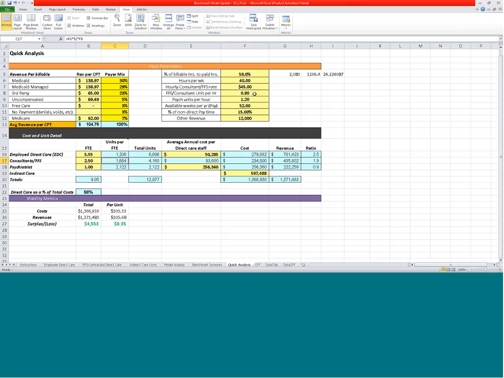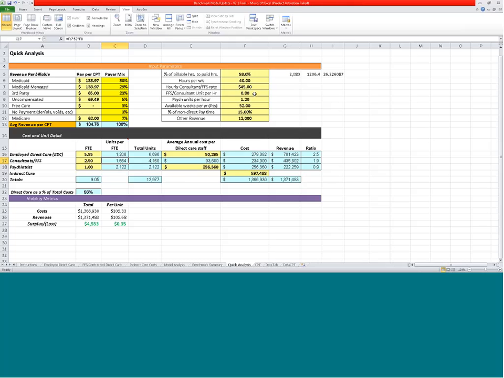Now, what does that 0.8 mean? That 0.8 means that for every hour that we're paying a fee-for-service staff, we're receiving 0.8 of a CPT visit from them. So we're in fact getting, in this model, only about 3/4 of an hour of service for an hour's worth of paid work.